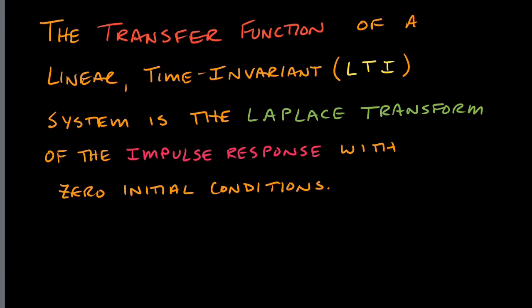Okay, so what's a major takeaway here is this thing called the transfer function of a linear time invariant, or sometimes referred to as an LTI system, is the Laplace transform of the impulse response with 0 initial conditions. Okay, so repeat that back to yourselves several times, because this is an important facet in many areas of electrical engineering and other engineering disciplines.